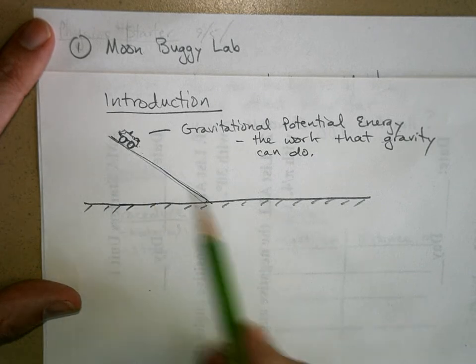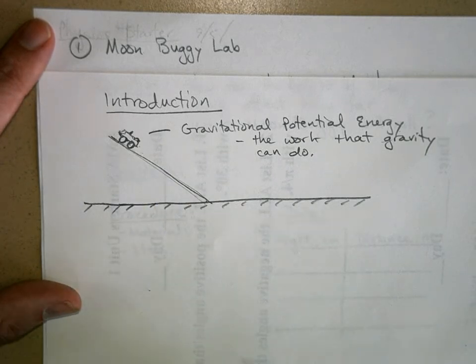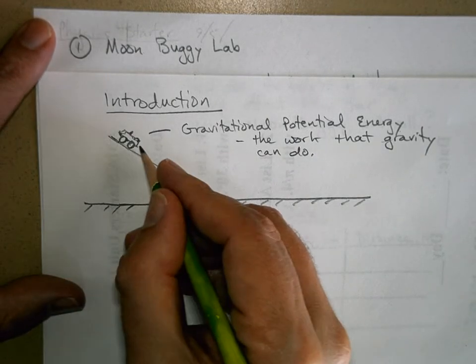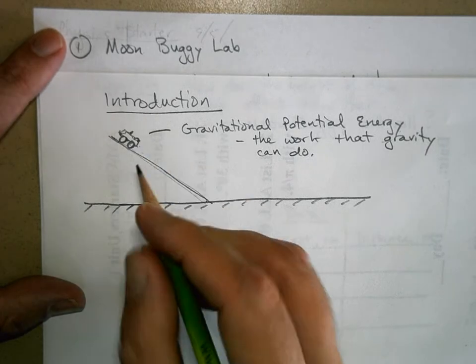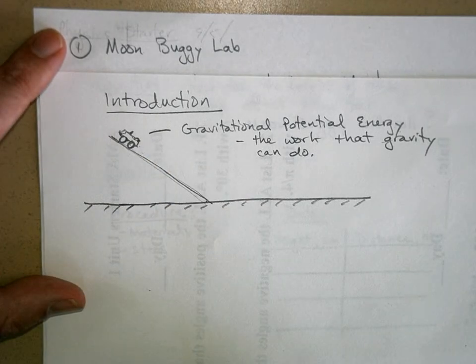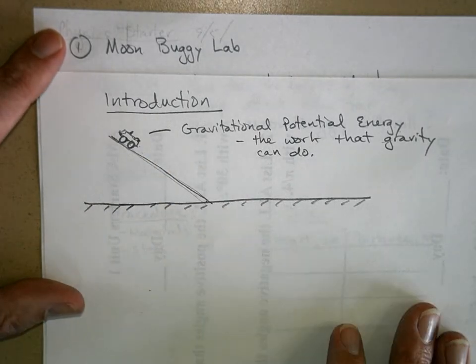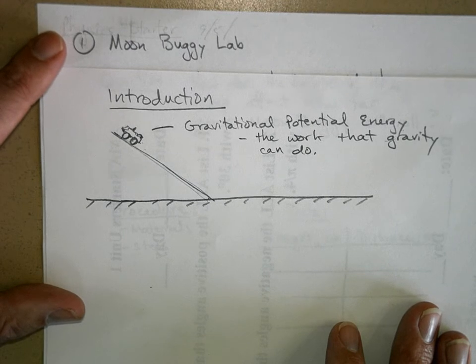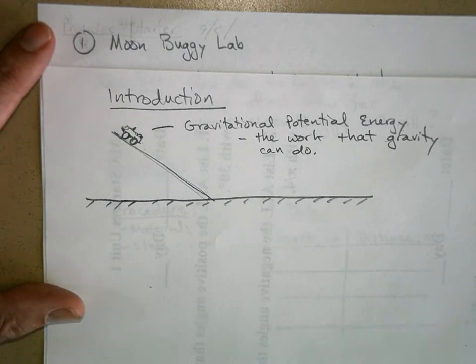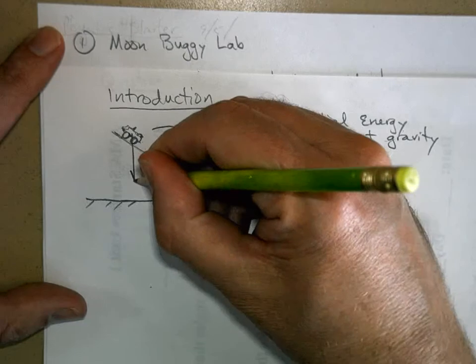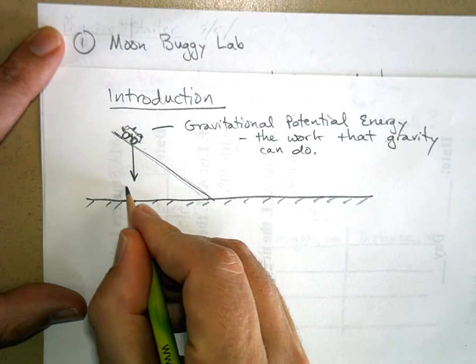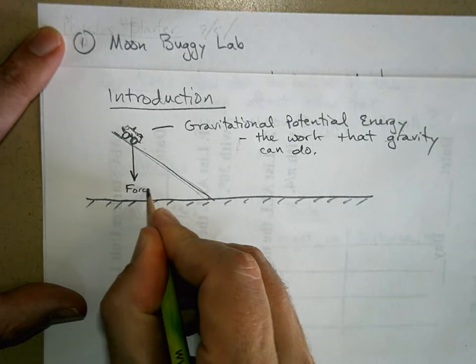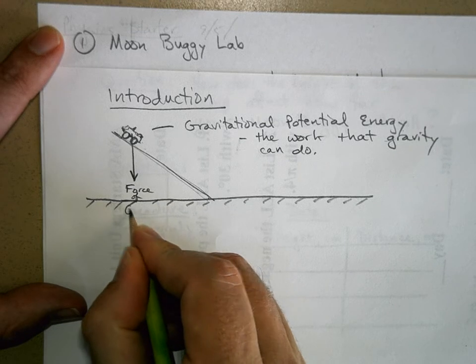All right, so we're going to release this. Now, what happens here is that there is a force of gravity on here. Now, this is a little bit advanced for many of you, but here's what I want you to see. You know what direction gravity is? Straight down, right? So this is the force of gravity.